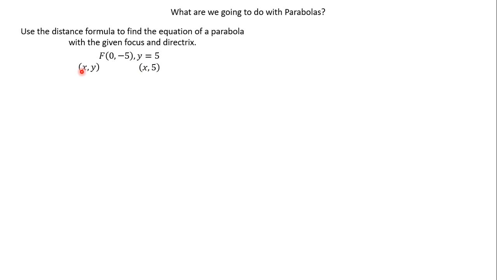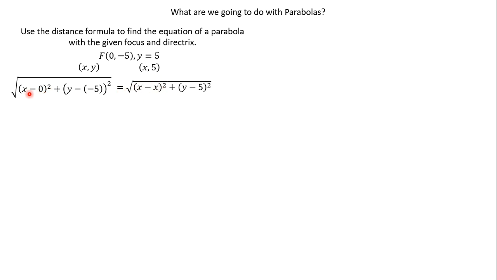So the distance from (x, y) to (0, negative 5), we're going to have the square root of x minus 0 squared plus y minus negative 5 squared. And then the distance from (x, y) to (x, 5) is going to equal the square root of x minus x squared plus y minus 5 squared. We can simplify this. So x minus 0, that's just x squared. Here the x minus x is just 0.